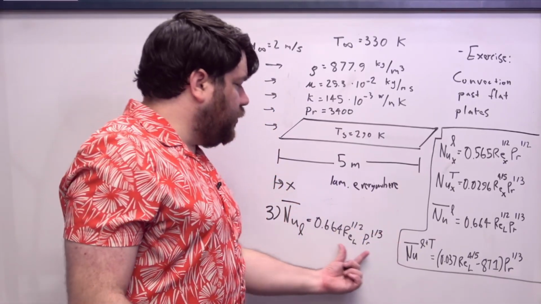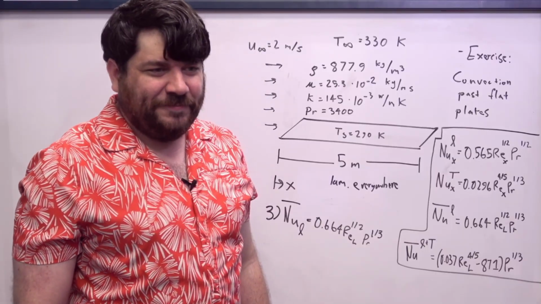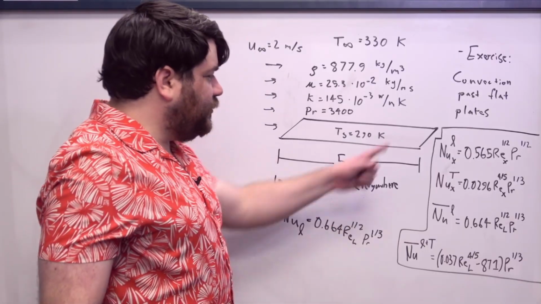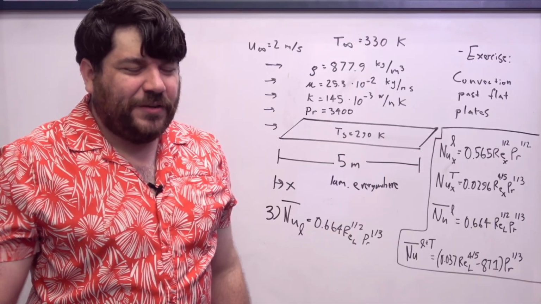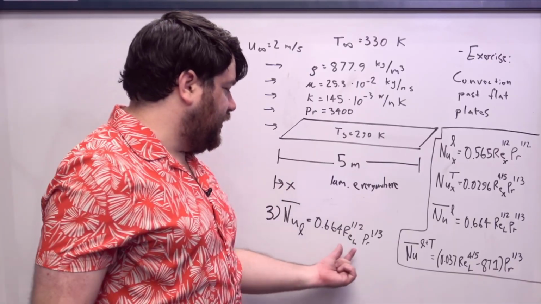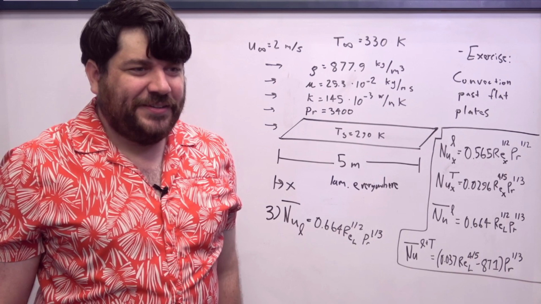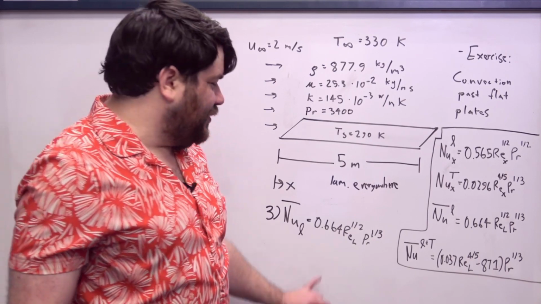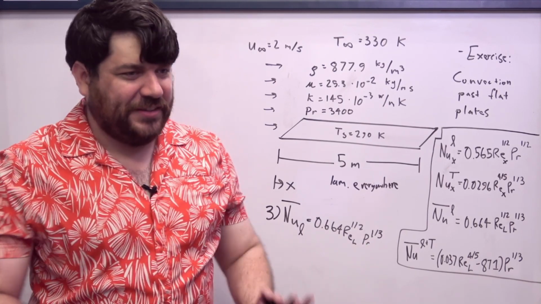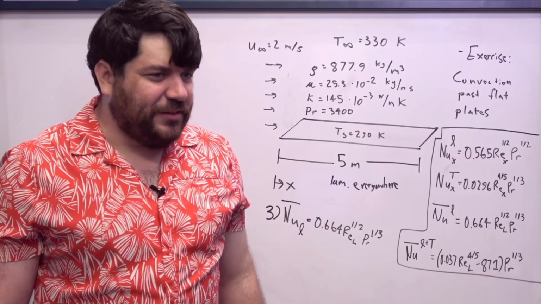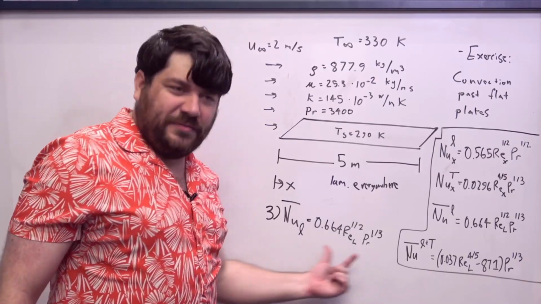And once again, don't think too hard about why this looks the way it does, because ultimately these are just empirically derived. There's no theoretical thing that says the Reynolds number has to be to the square root, or that the Prandtl number has to be to the cube root, at least not in the context of this course. This is just experiment.